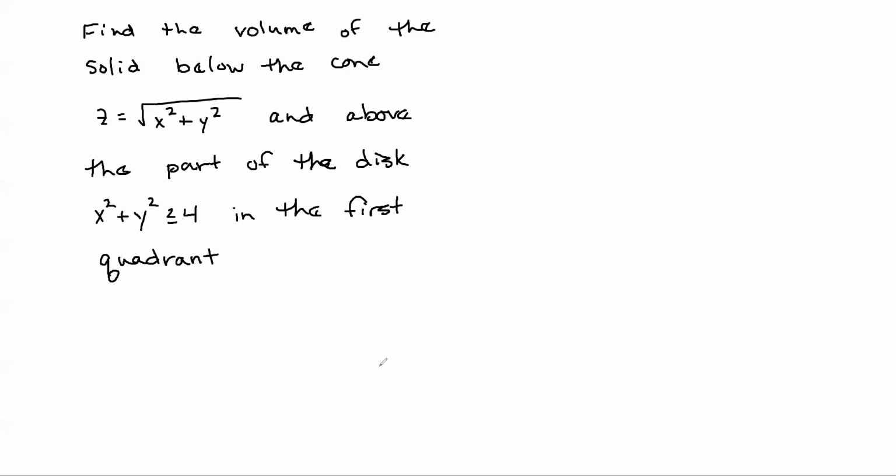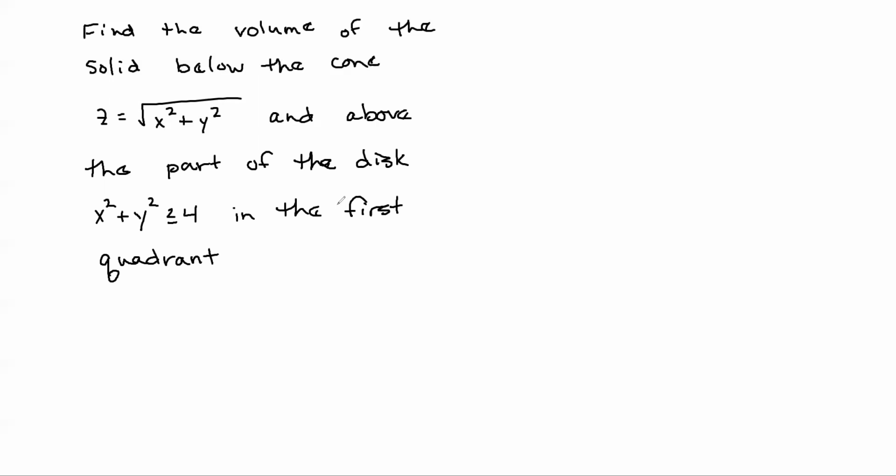Okay, so one of the things that I talked about in the last video is that if you parse these problems really carefully, you can tell how much graphing you need to do, like how good an idea you need to have of the object to figure out what the region of integration is going to be. If the problem describes the base to you, then you don't need to graph the object.